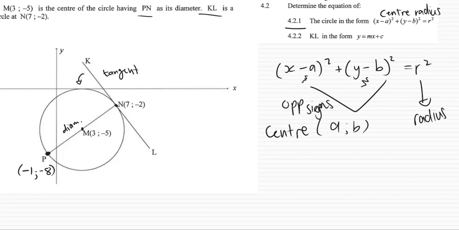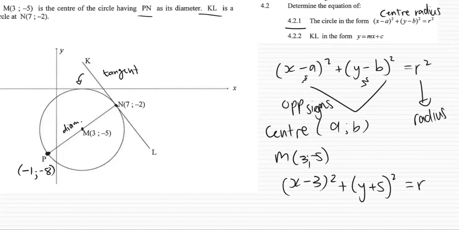So we already have the center of the circle. We can just sub it in. It's M (3; -5). So it's x minus 3, opposite sign, squared, plus y plus 5, opposite sign, squared, equals r squared.